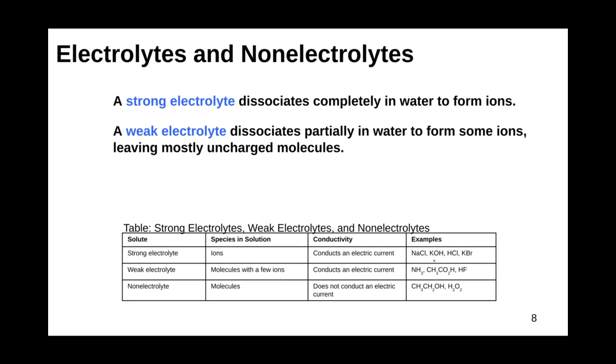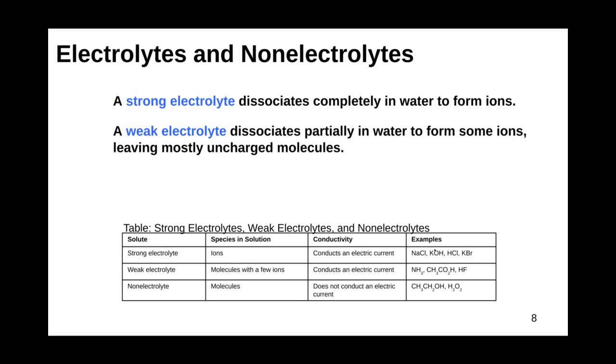And one of the things that's relatively easy to pick out, if you're paying attention, is that the very strong electrolytes are, typically speaking, something positively charged bound with something negatively charged. So in the case of sodium chloride, that's an ionic compound, right? Positively charged sodium bonds with negatively charged chlorine.